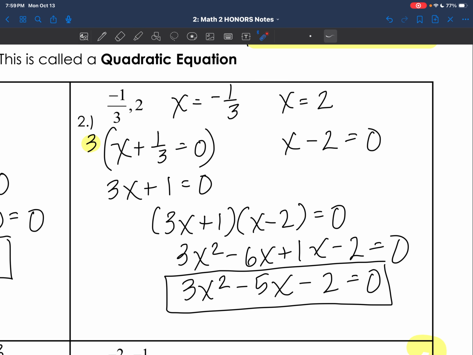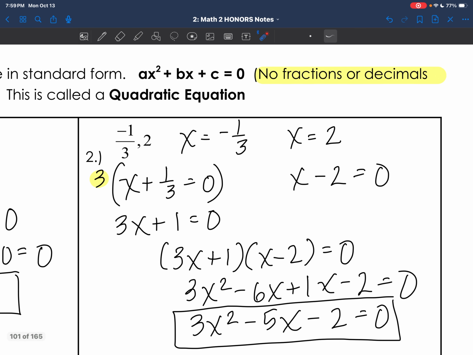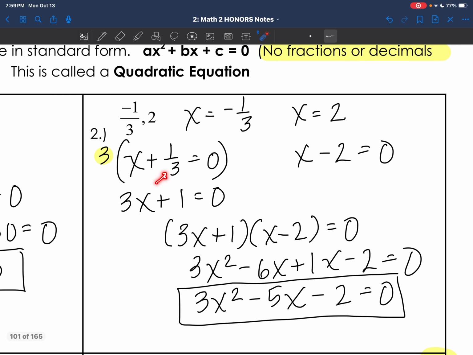Now remember we said no fractions or decimals. So we're going to look at the denominator here. We're going to try to clear the fraction by multiplying everything by 3. So that's going to give us 3x plus 3 over 3, which equals 1, plus 0. And then now once you got that, now we can go back over here and subtract 2 from both sides.